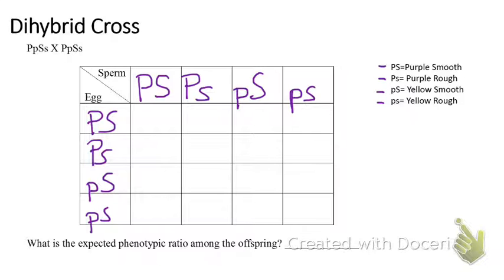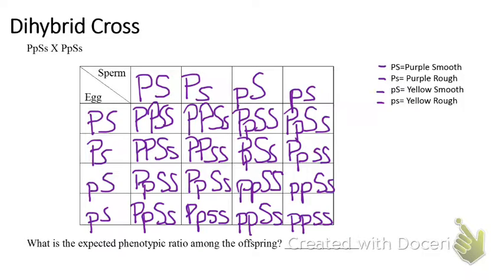So we fill in our Punnett square with the different possible types of genotypes that could go into the gametes. When we look at the genotypes, all it takes is one big P and one big S to be purple and smooth. So when we look at that, we have all of these that are purple and smooth.